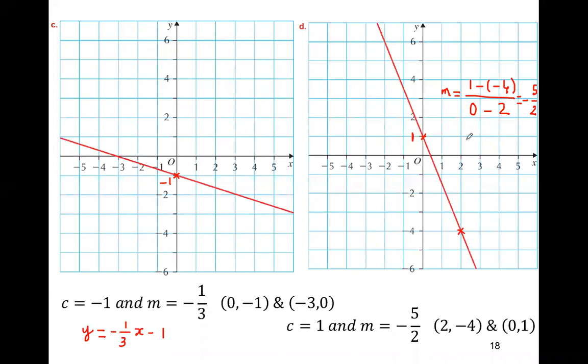And for the other one, you would just write y equal negative 5/2 x plus 1 this time. So both slopes are negative. Okay.